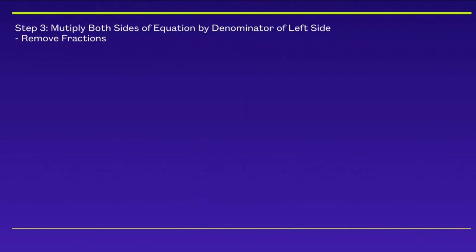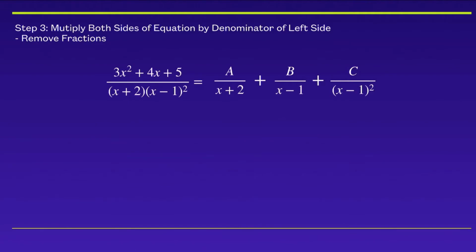All right, so now we're going to get rid of the fractions. So we're going to multiply both sides of the equation by the denominator of the left side. You can see on the step title there. So I'm going to bring in the equation. There it is. And what we're going to do is I'm just going to multiply the entire equation by this denominator here. So we're going to bring in the brackets, and we're going to bring in the denominator. So there's your denominator, x plus 2 times x minus 1 all squared.